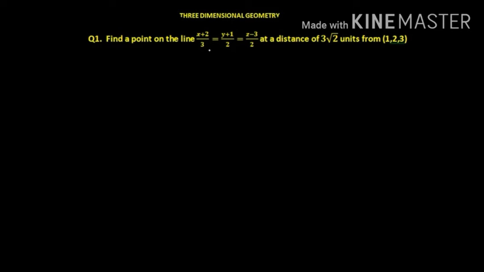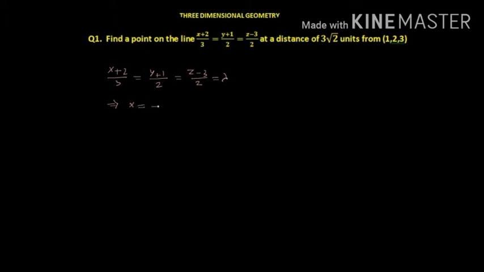Find a point on this line at a distance of 3√2 units from this point. Okay. So the given line is this, y plus 1, right? So this whole thing we will consider as lambda, a constant.